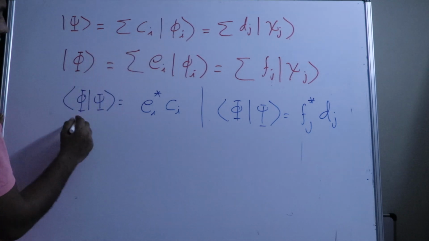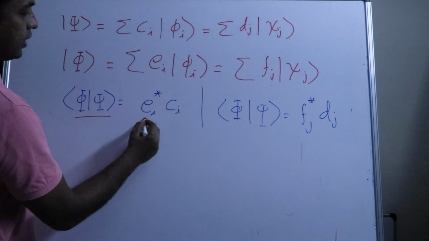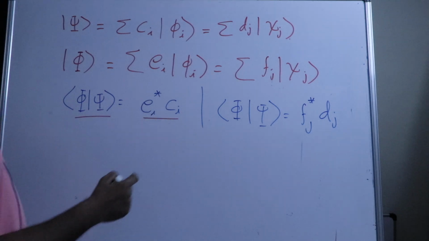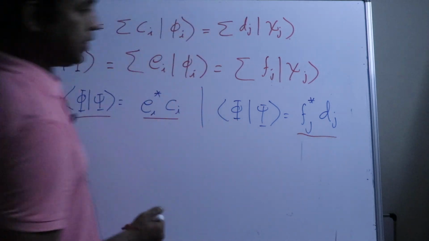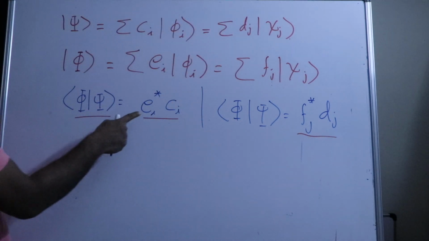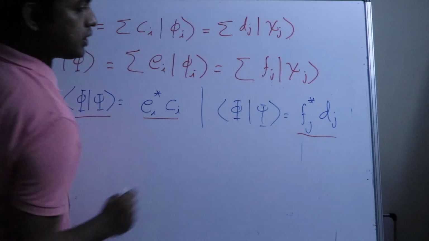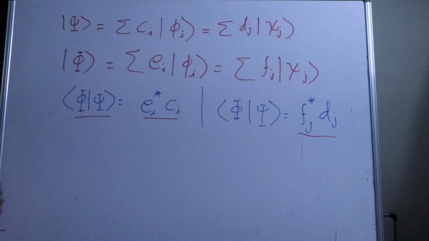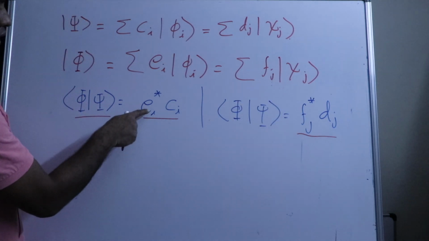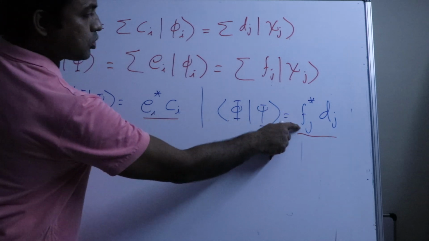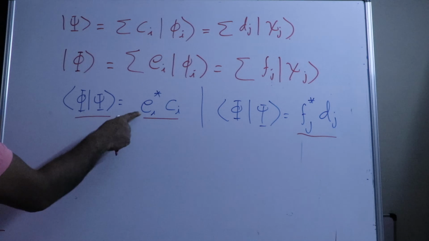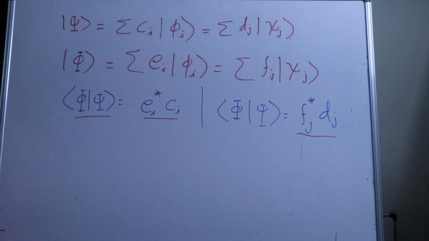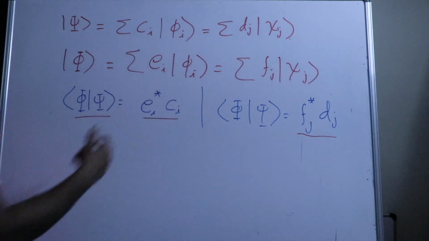In the ket phi i basis, you are getting Ei star Ci, and in the ket chi j basis you are getting Fj star Dj. So you have to show that Ei star Ci is equal to Fj star Dj. The question is, how do you write Ei and Ci in terms of Fj and Dj? If you can do that, then we may be able to show that this is equal to that.